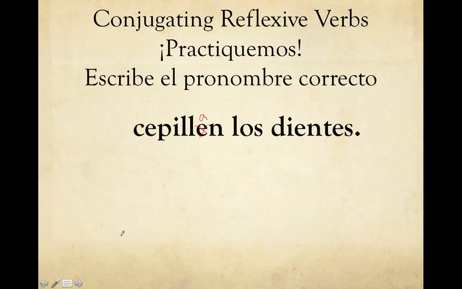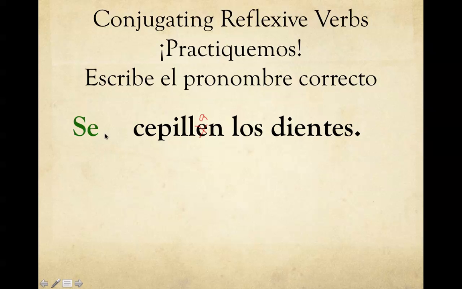So, what would the pronoun be? Se cepillan los dientes, okay? Because the verb is cepillarse. Now, like la mano, levantar la mano, here again we use the article instead of the possessive adjective.